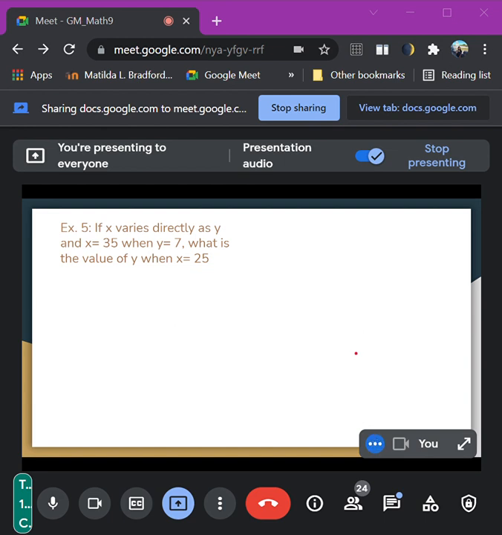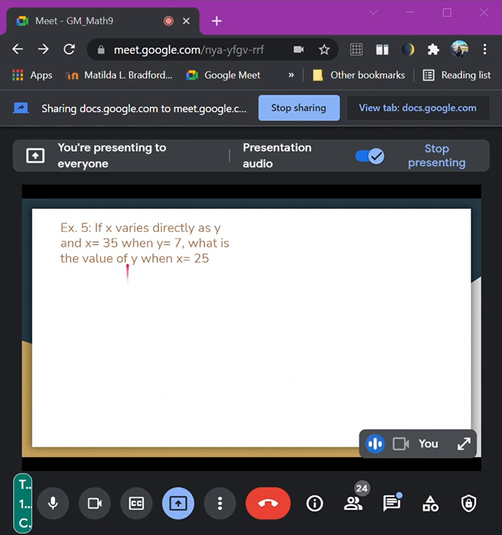We have here, if x varies directly as y and x is equals to 35 when y is 7, what is the value of y when x is 25? Okay, so we will read and solve it step by step so we can easily identify the answer.